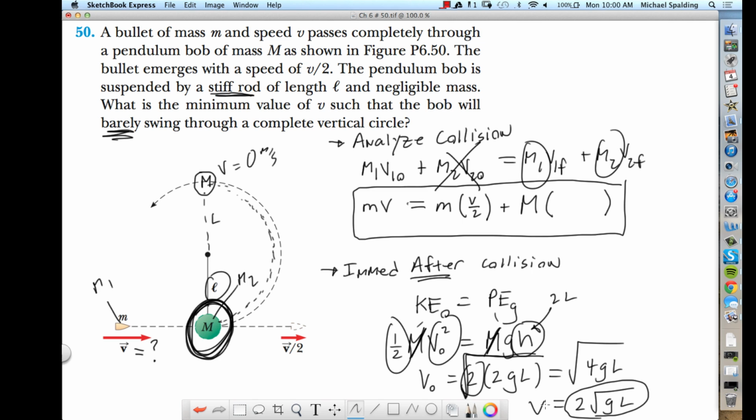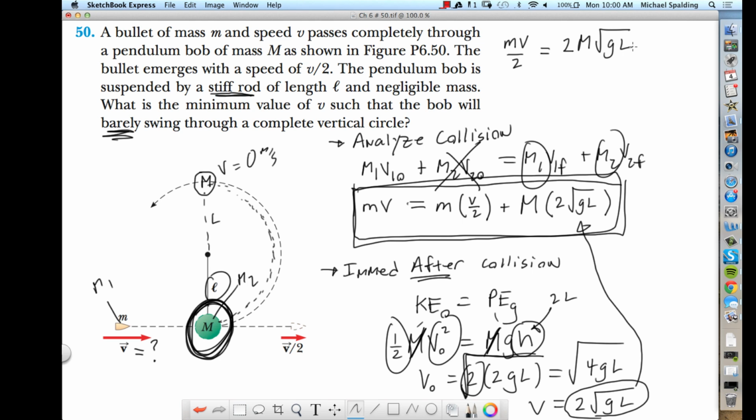Does that make sense? So now we plug that in up here. So this is going to be 2 square root GL. All right, so now we got to do some algebra. So I'm going to simplify this equation now. So this equation here simplifies to little mv over 2 equal to 2 big M square root GL. Now look, some of you are like, where the heck did you get mv over 2?